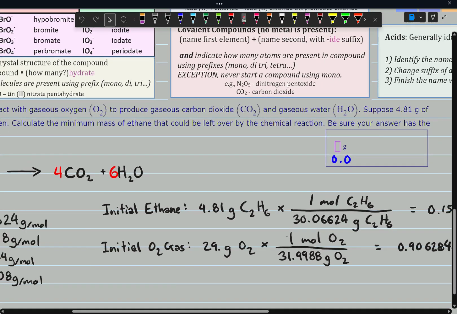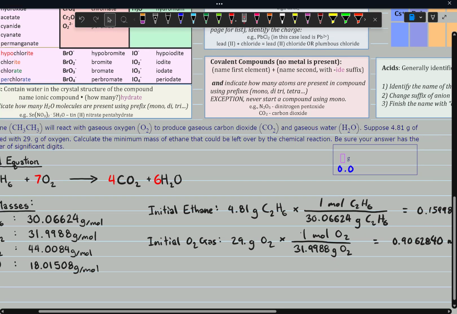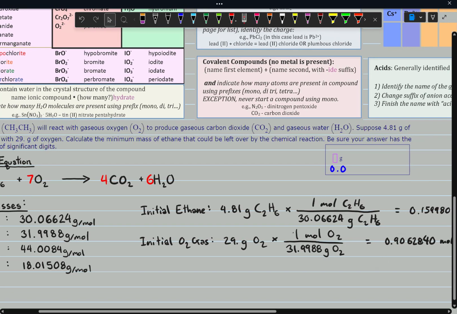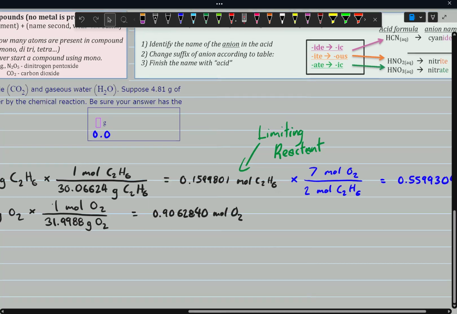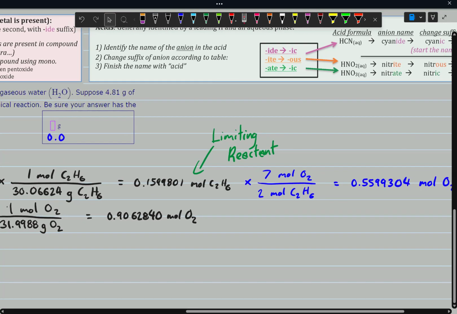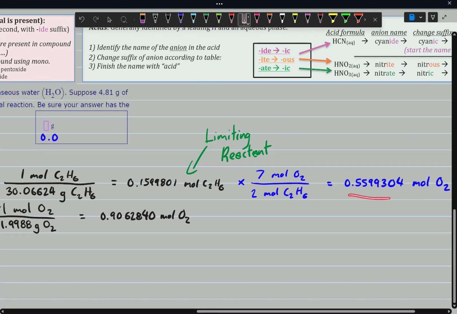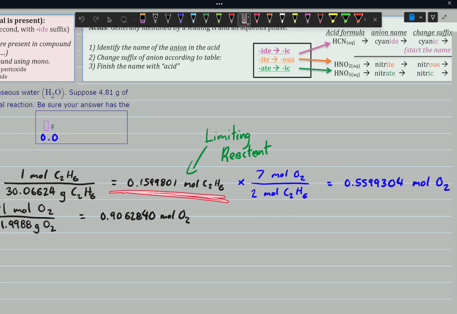If this had asked us how much oxygen was left over by the end of the reaction, then you would just take the amount of oxygen that gets consumed by the limiting reactant, which is ethane, and subtract this value from the initial amount of O2.